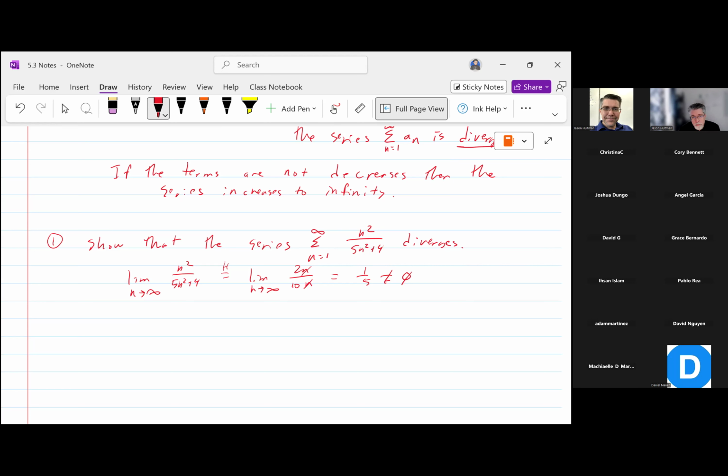It's just going to blow up and it's going to diverge. Thus, by the divergence test, the series diverges.